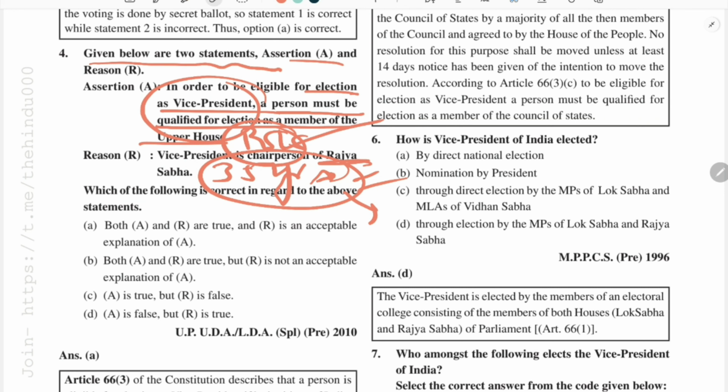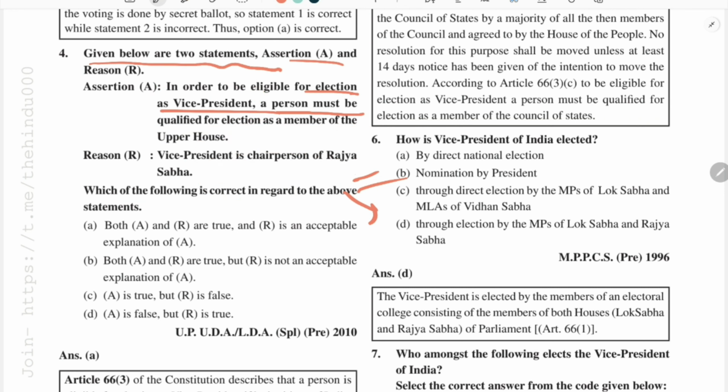The second statement says that the vice president is the chairperson of Rajya Sabha. If we read carefully the functions of the vice president, there are not very many functions. It is one of the most significant functions of the vice president, that he is ex officio chairman of Rajya Sabha.